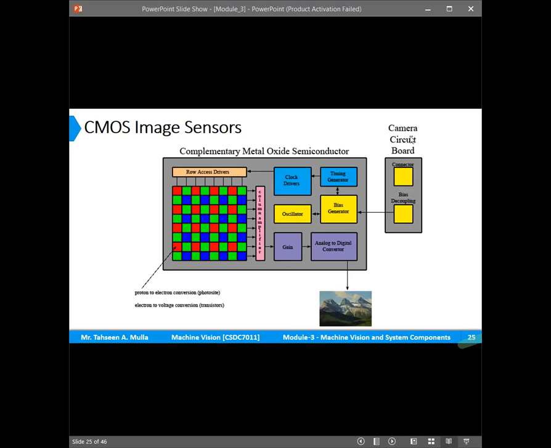Now what we have here is the connector and the bias decoupling. Now this is a camera circuit board. Apart from this, CMOS here will give you directly an image. It won't require any additional circuit board.